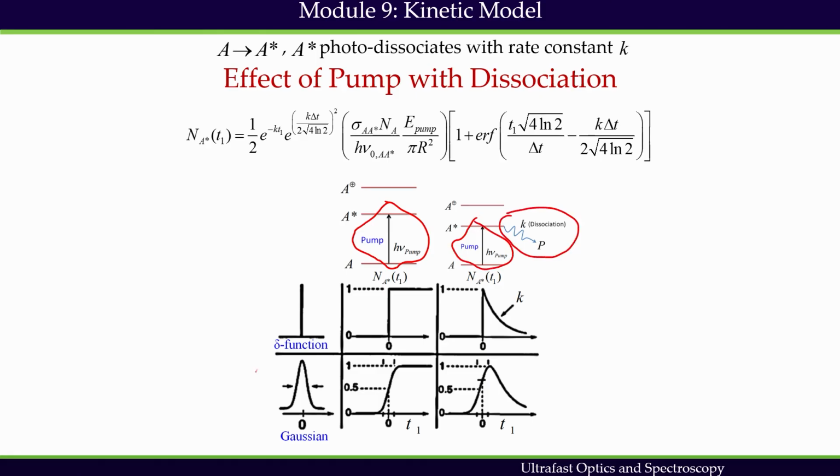In that case, if I have a pulse exciting the molecules to the excited state, we see that the early part of the time is dominated by the error function, just like the one which we have here, but then the later part is dominated by the decay. So this part is dominated by the error function and this part is dominated by the decay constant.